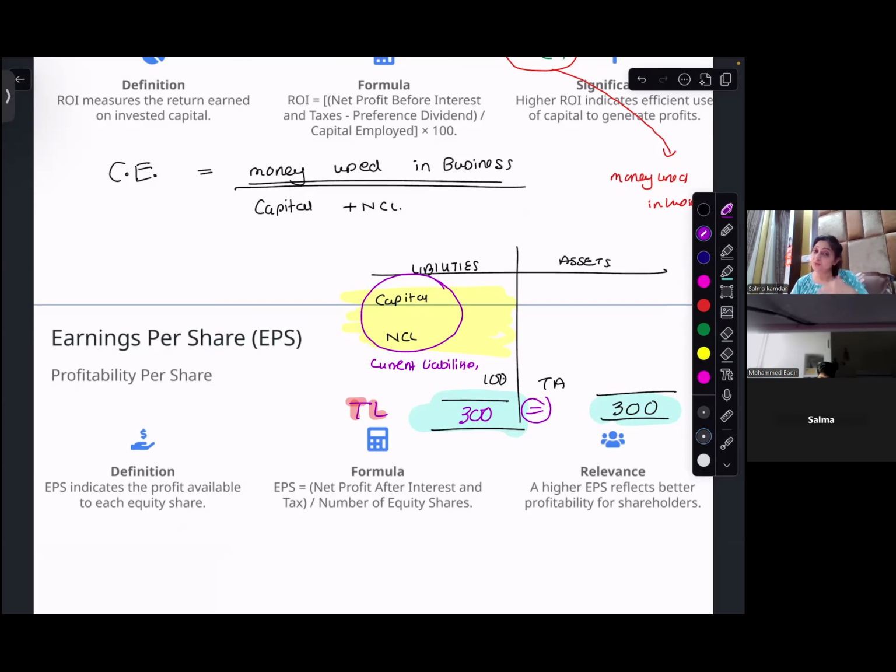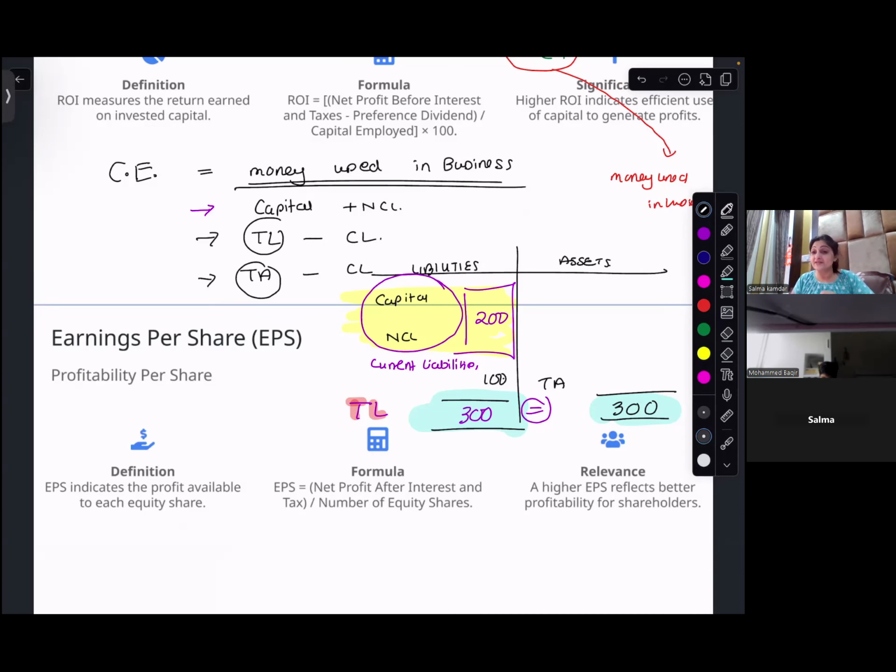From your total liabilities, if you minus your current liabilities, what will you get? Capital and non-current liability, so this would be 200. So capital employed, the first formula is capital plus non-current liability. Your second formula is total liabilities minus the current liability. Your third formula would be your total assets minus your current liability, because your total liability is equal to your total assets.